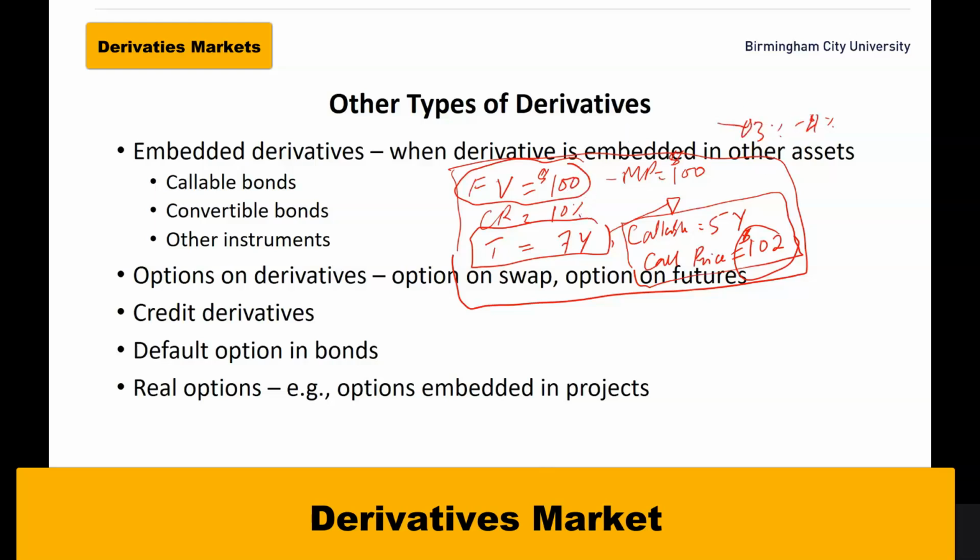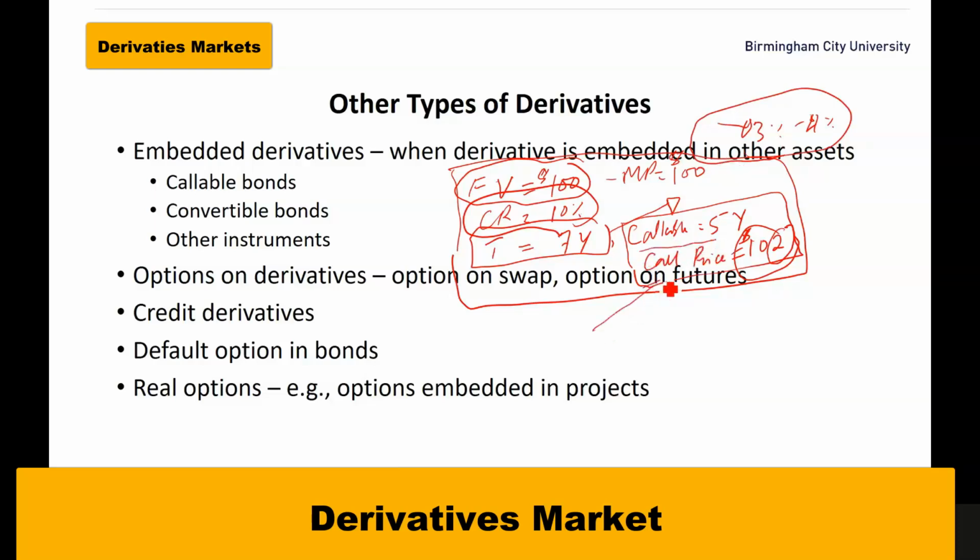So it is ready to pay me $2 extra after 5 years and buy back this bond from me, because if interest rates go down, they will enable the company to issue new bonds at a much cheaper rate. So this is the callability option.